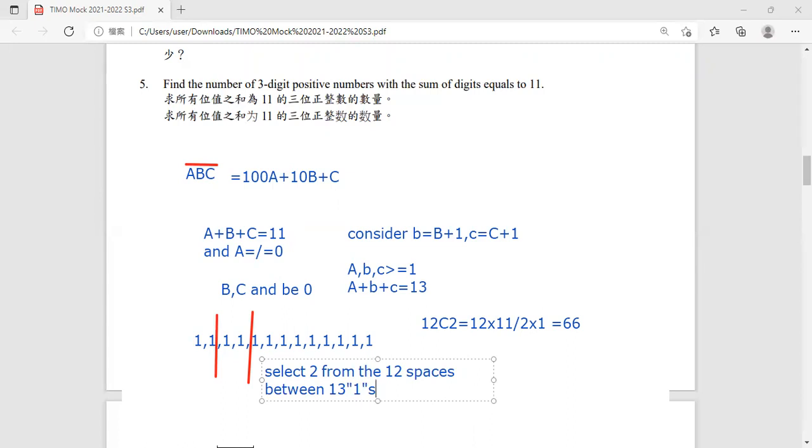Select 2 from the 12 spaces between the 13 ones. So it's 12C2. The answer is 66.